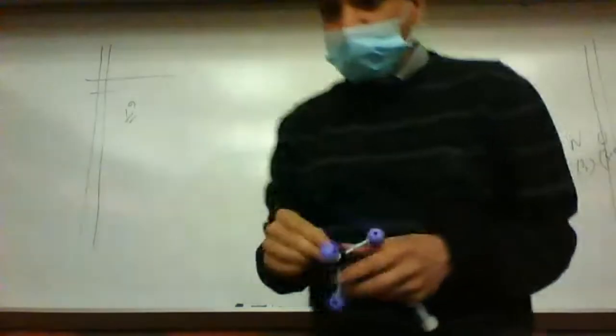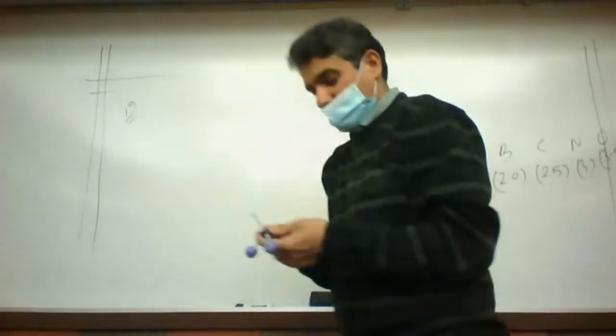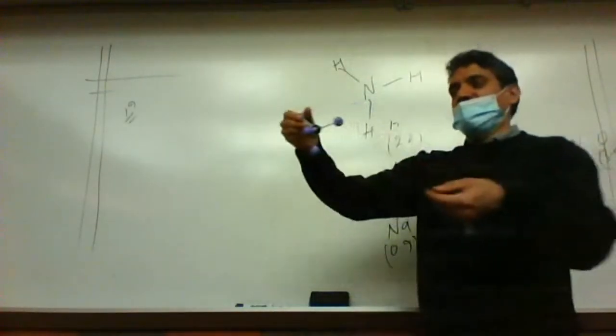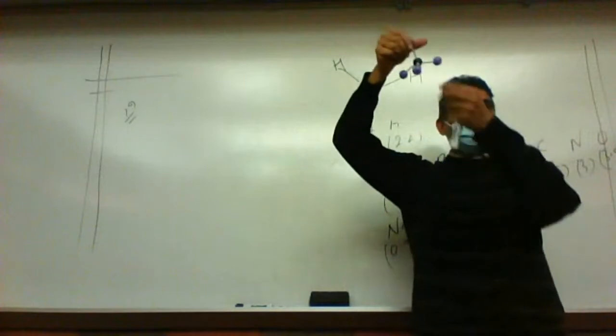Good? So polar. Now let's look at the last one, CCl4. So CCl4 is like this. Now look here, all look the same, symmetrically distributed, right?